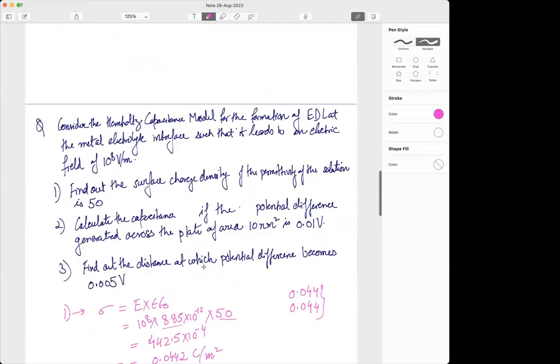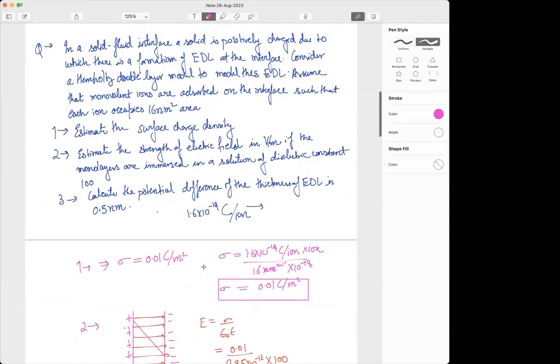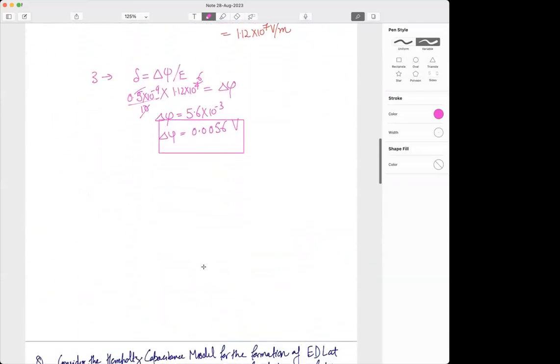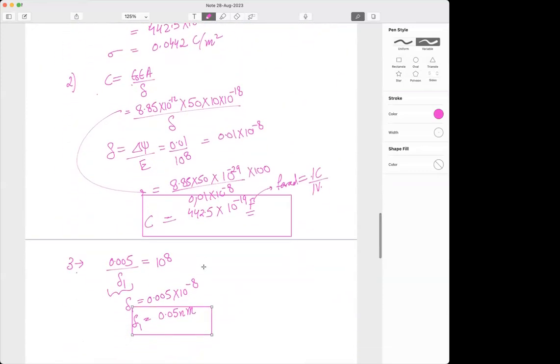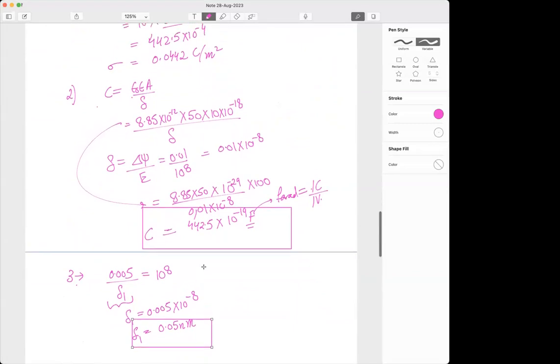So any doubt in all of these questions? There is a question given in the assignment. There are 2 flat surfaces given, and we are calculating only for 1 flat surface. Like how did you calculate the electric field?